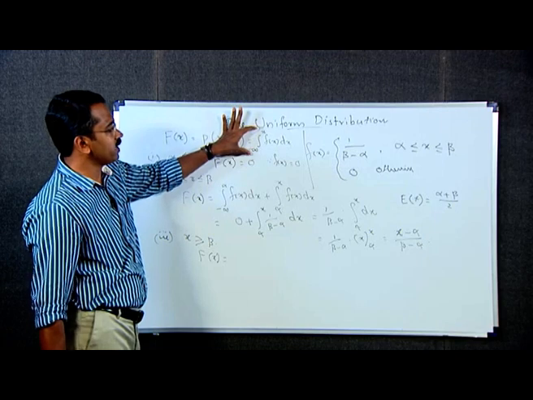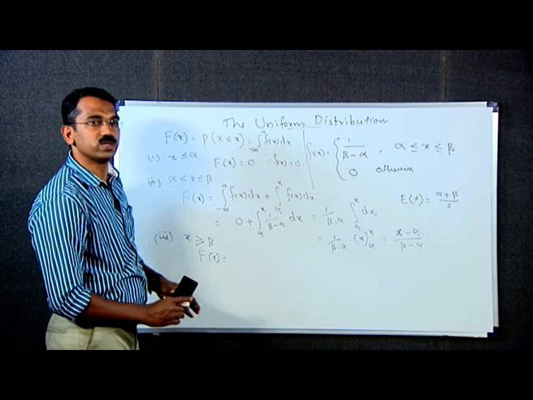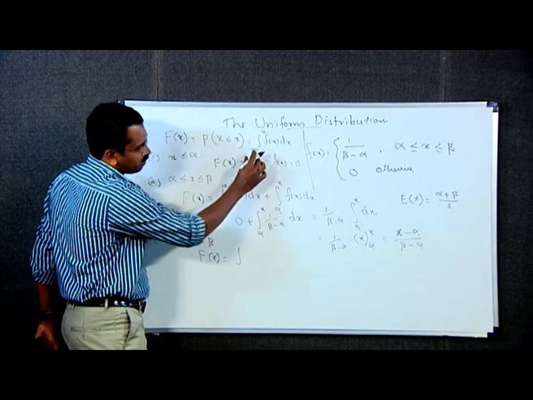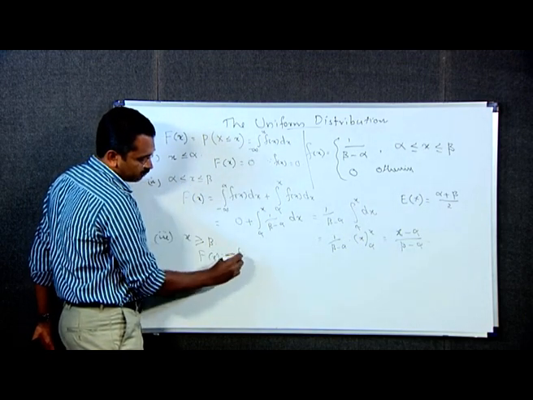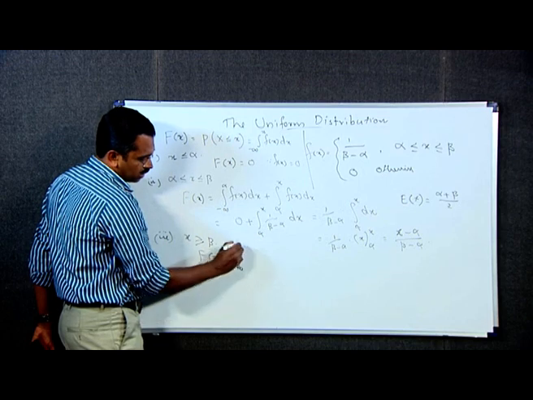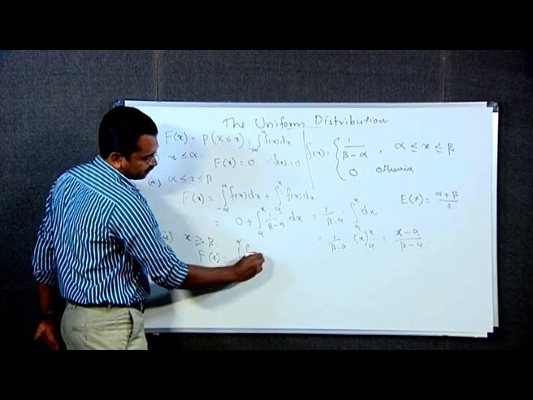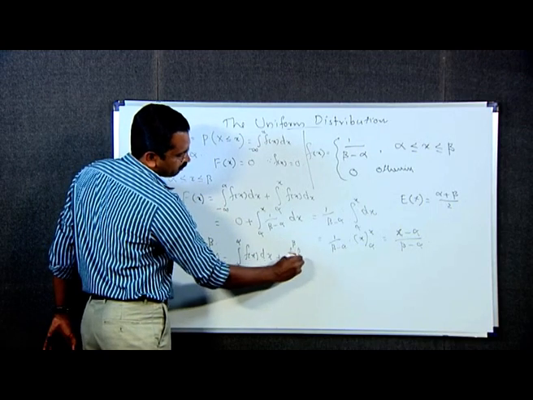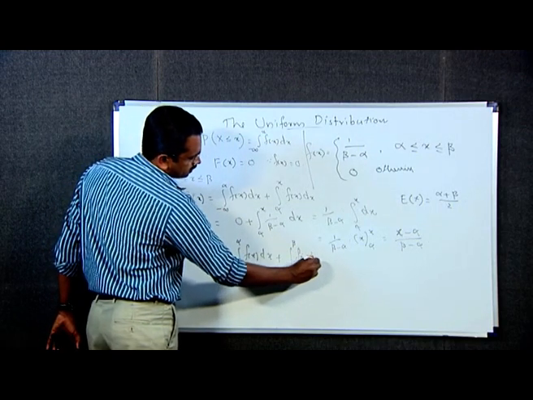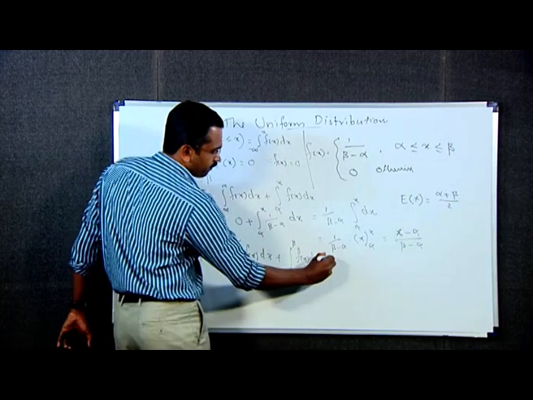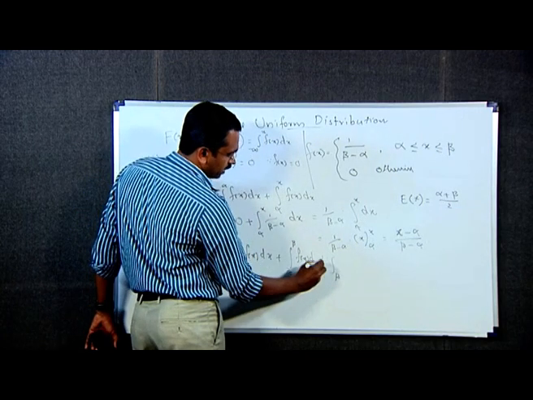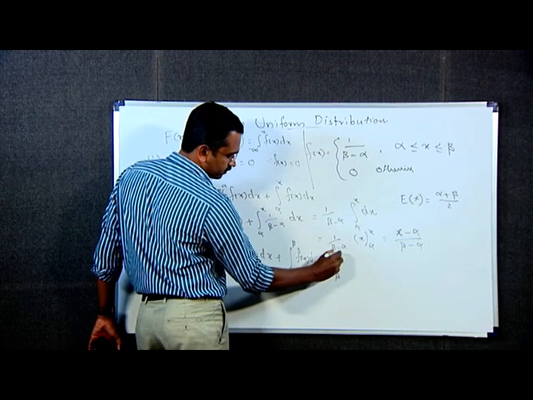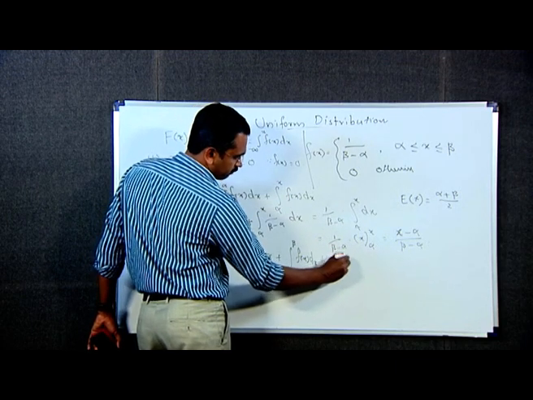This limit of integration minus infinity to x can be split into 3, as integral from minus infinity to alpha f of x dx plus integral from alpha to beta f of x dx plus integral from beta to x f of x dx.